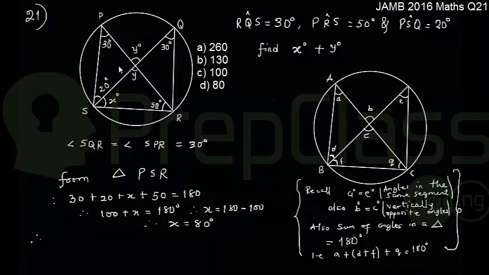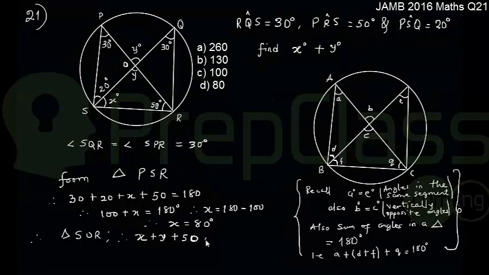In triangle SOR, what is the sum of the angles? x plus y plus 50 in triangle SOR should be equal to 180 degrees. We recall that x is 80, so 80 plus y plus 50 should be equal to 180 degrees.